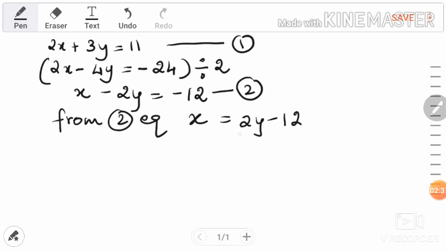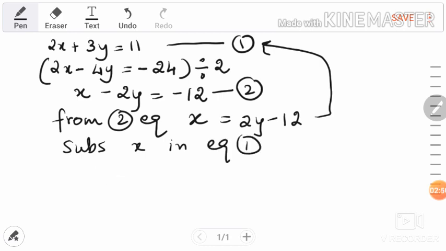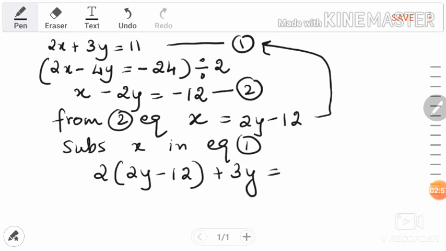Now we will substitute this, since we used the second equation to find this, we will substitute this in the first equation. So substituting x in equation 1, we get 2 times (2y minus 12) plus 3y equal to 11.